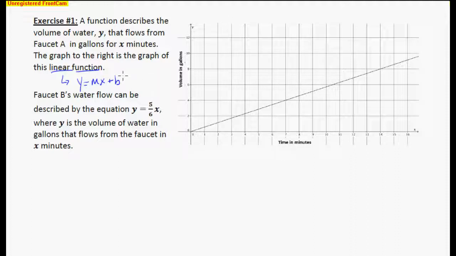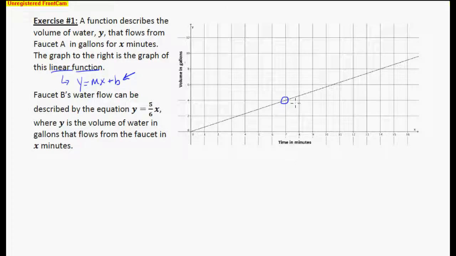We know it's going to look like y equals mx plus b, so I need to find my slope. In order to do that, I need to take a couple points and figure out change in y over change in x. I see this point right here that is a good point to use because it falls right where these coordinates come together.